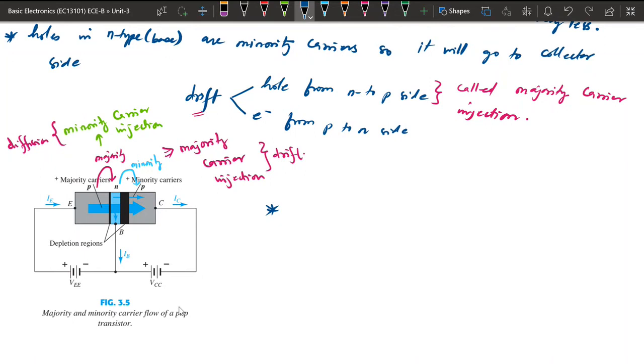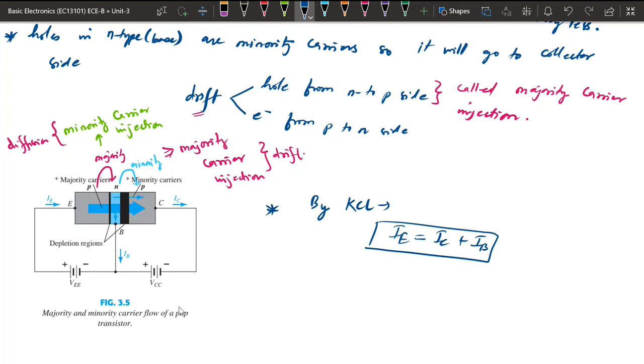At this junction, we have emitter current, collector current, and base current. It is given by KCL: at this particular node, the emitter current equals the collector current plus the base current, IE = IC + IB.